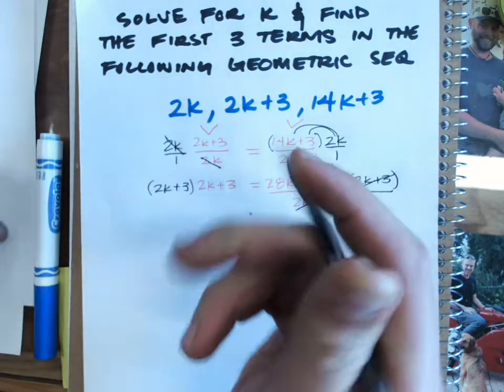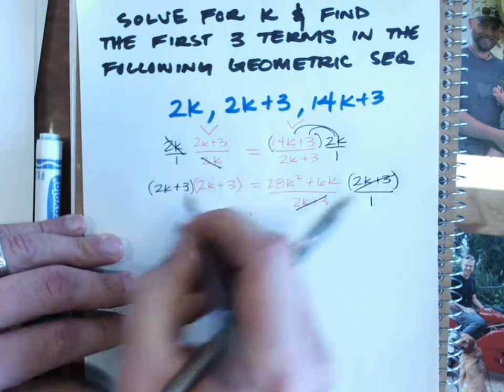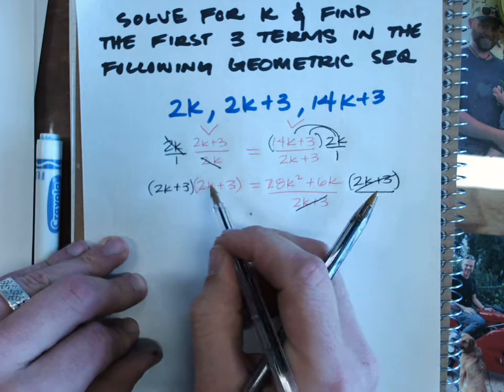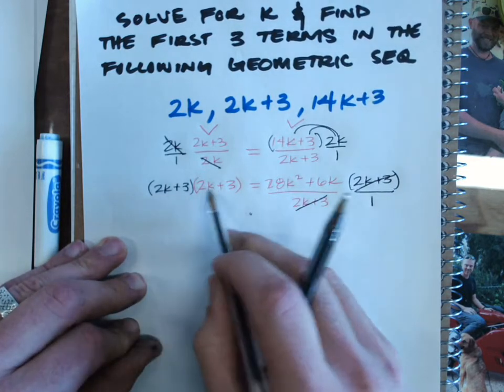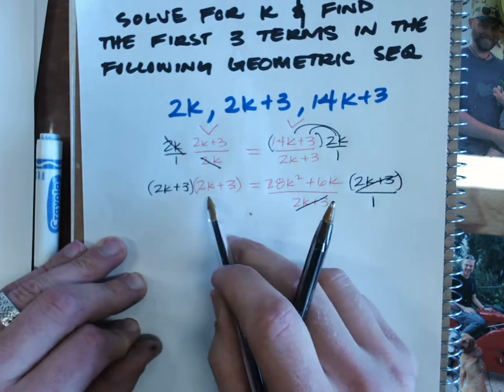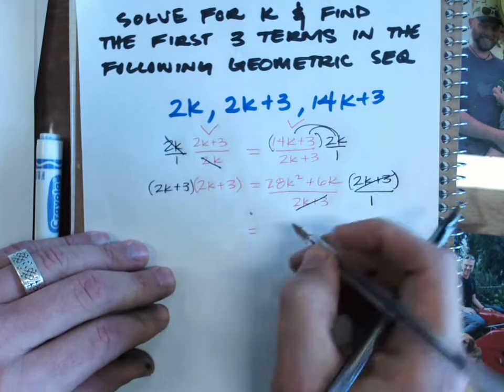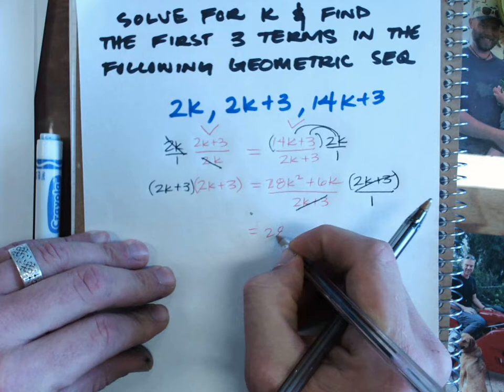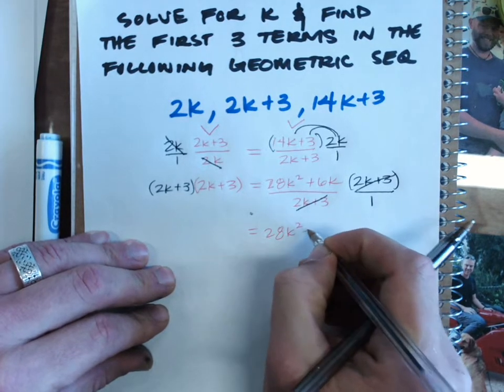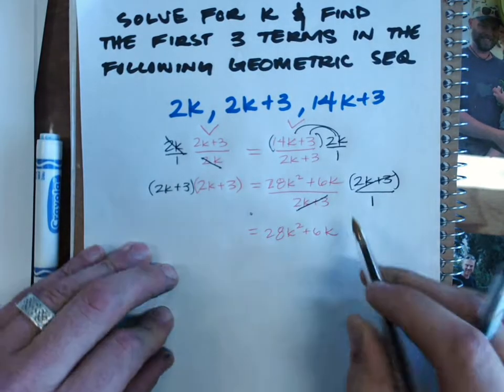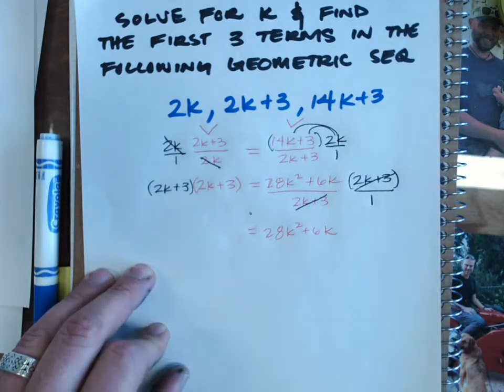And now we have two binomials being multiplied. This requires us to do the box method or to FOIL this. So I'm going to start on the right-hand side. That part's a lot easier. It's 28k squared plus 6k, and everything else canceled out, so that's what's left.